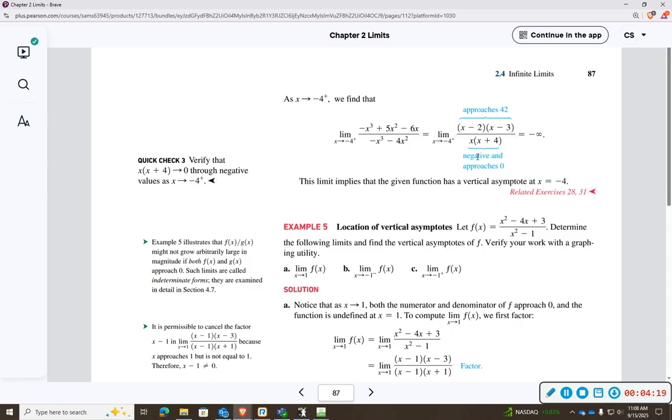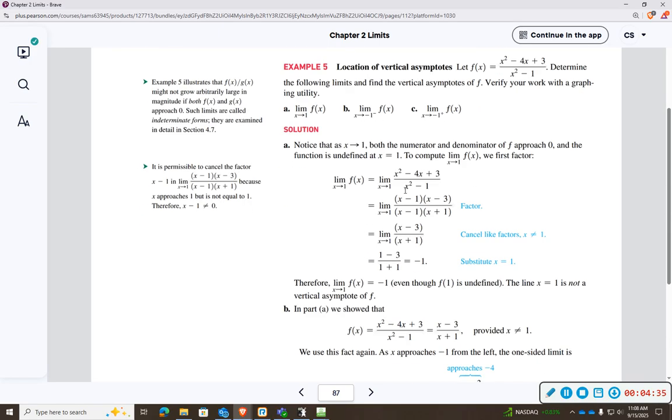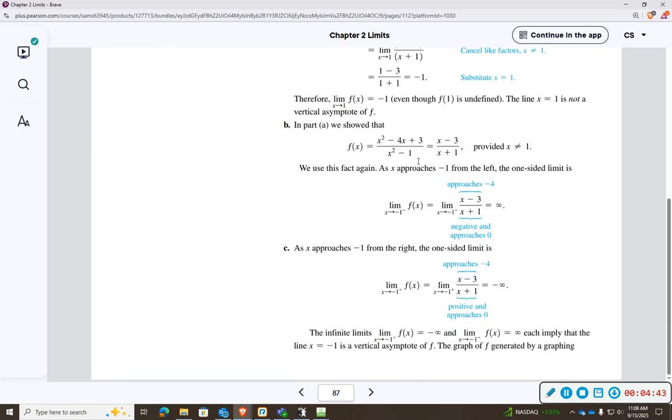So they're saying it's negative and approaching 0. The numerator, once you plug in -4, gives you a positive 42. So you have a positive number over a negative number, which is getting smaller, so it's going toward infinity, but it will be negative infinity. And so the textbook is, again, trying to explain the limit going to infinity and then how to solve them algebraically.